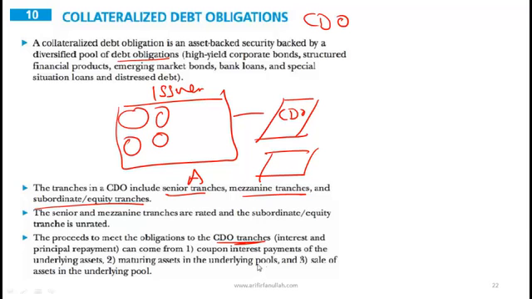So what does that mean? If an underlying asset is maturing and the final payments are coming in, that serves as cash flow, and the sale of assets in an underlying pool. So the manager here who is managing this pool, if he feels that instrument here is overvalued, what can he do? He can simply sell that off and buy another pool.